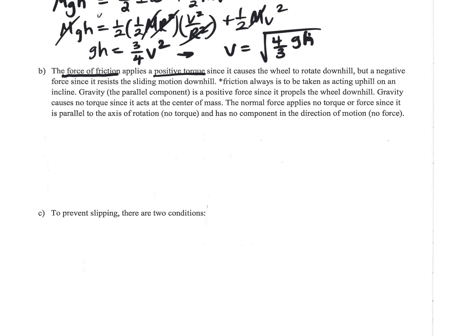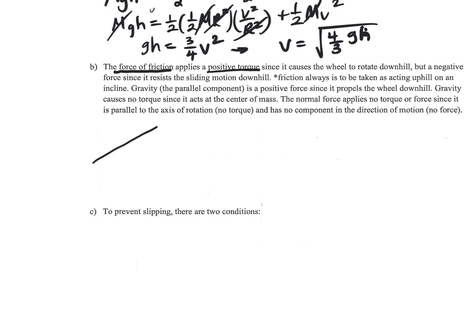So let's look at what we got here. This thing is rotating, it's rolling downhill. It's going that way. We want to know its acceleration down the hill. However, the only forces that act on it that we care about at this point are, what? We got mg coming down from the middle.